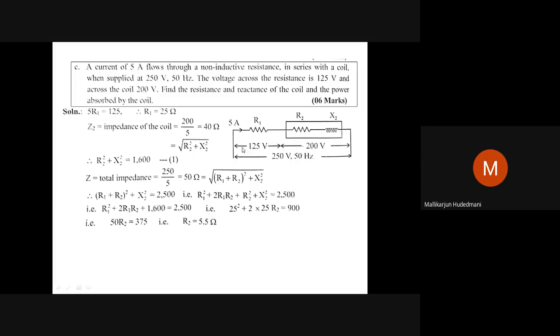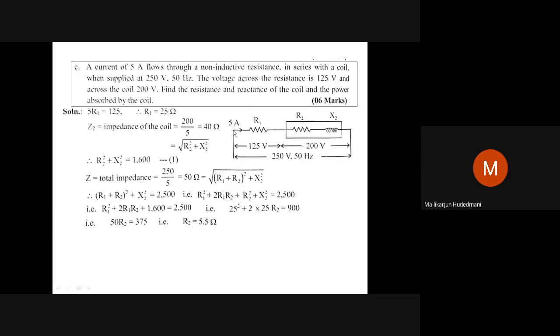Okay. So these are the voltages across the resistor and coil given. Then you are asked the resistance of the coil, the reactance of the coil, and the power absorbed by the coil. To start with, we have to draw the circuit according to our understanding, a rough sketch: the external resistor, then the coil's resistance and inductance.